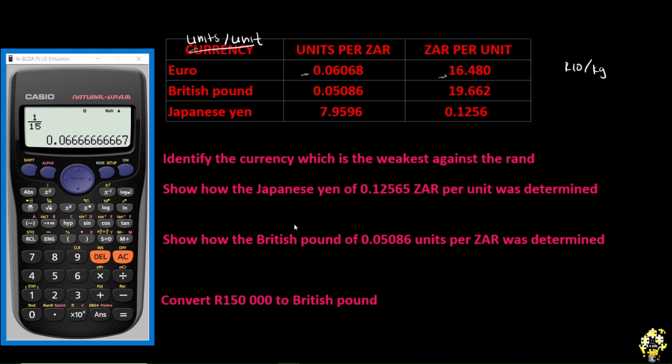What this simply means is that 10 rand can allow you to purchase 1 kg of tomatoes. Or sometimes 10 rand per pack, or 10 rand per liter. It's different.